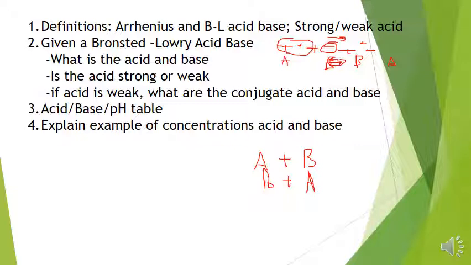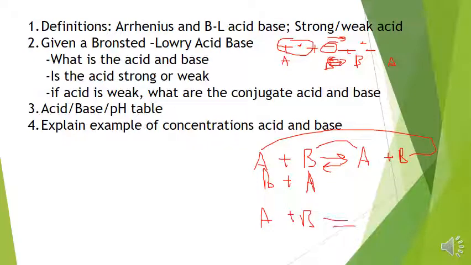Don't worry about the order here. This A plus B could become, so if it's the conjugate acid, that means the A turns into this one and the B turns into this one, or you could have it going to B plus A, and all I'm doing is showing you here that it doesn't matter the order.